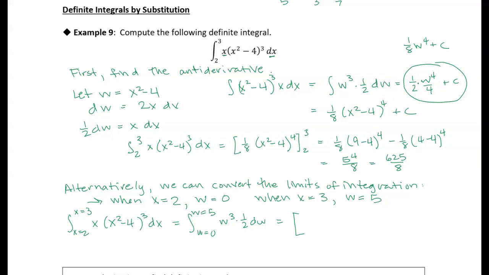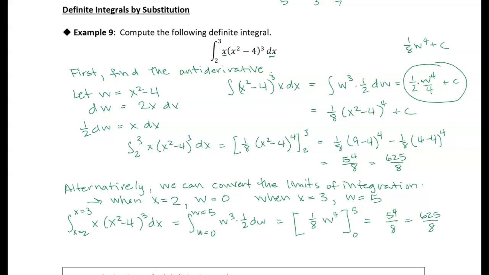So we end up with 1/8 w to the 4th, and we can evaluate that now from 0 to 5, because we've converted our limits of integration to w and not x. And when we do that, we get the same thing. We get 5 to the 4th over 8, which is 625 over 8.